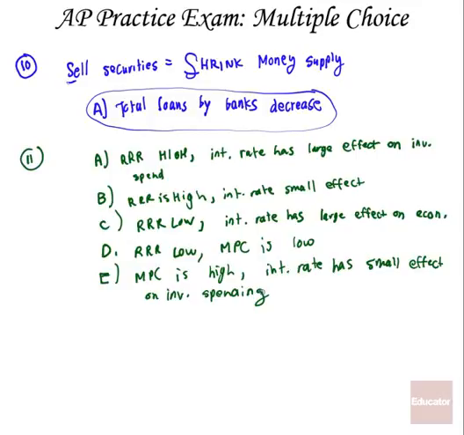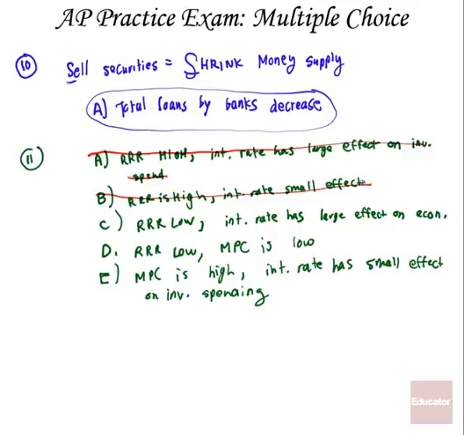So if the reserve ratio is 100%, then there's not a whole lot of money that's going to cure the problem. Whereas if the reserve ratio is pretty low, then more money circulates. So let's erase all the high, where the required reserve ratio is high. So it's going to be either C, D, or E here.